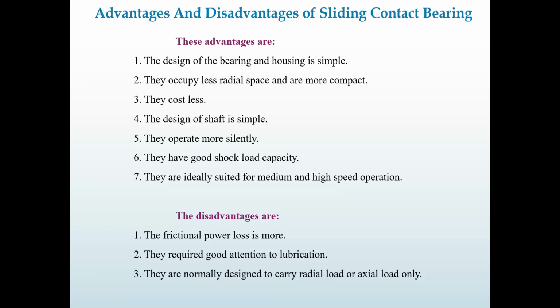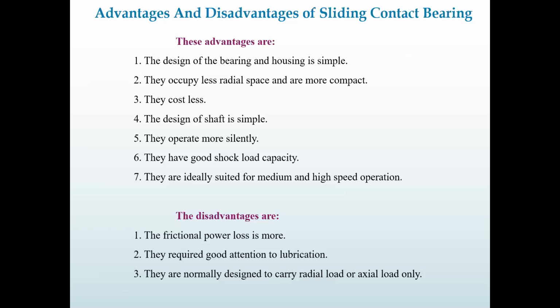Also, they require very good attention to lubrication. As the name suggests, in a sliding contact bearing there is metal to metal contact. Because of that, the friction is more, and the wear and tear is also more. So we have to pay particular attention to maintaining the fluid film between these two contact surfaces.